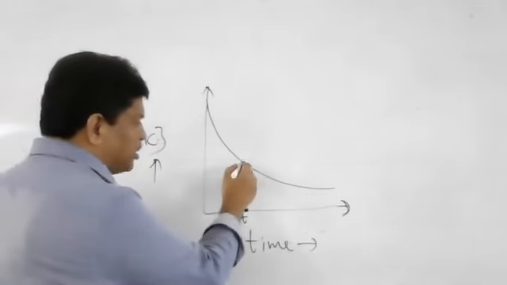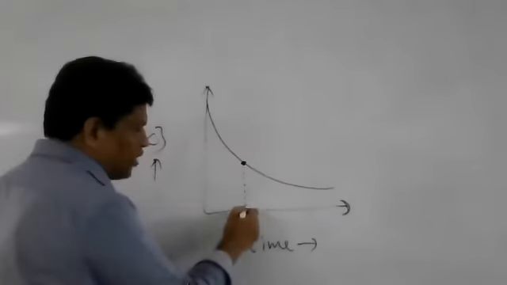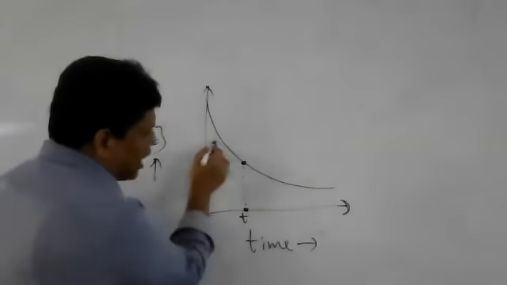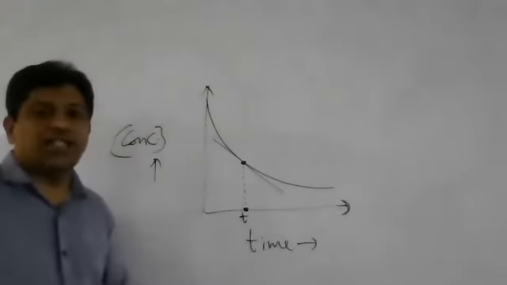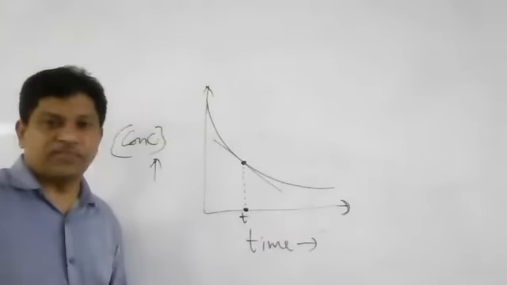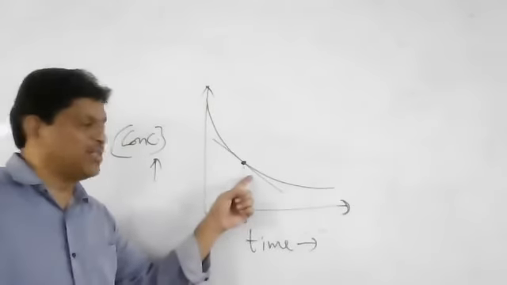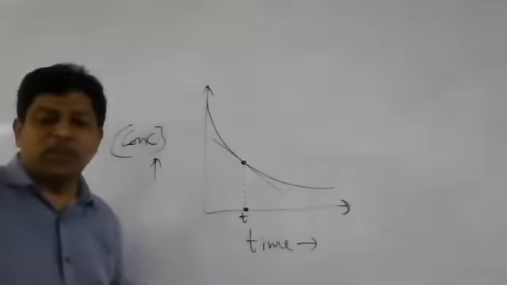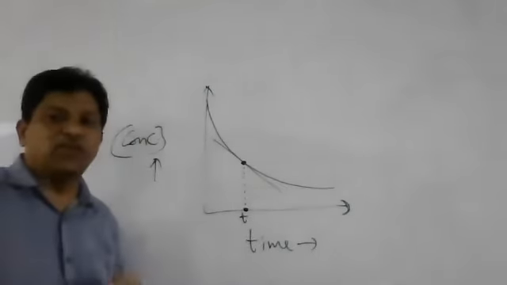At this point of time, where we need the change in concentration of reactant, we have to draw one tangent along that point. Is that clear? Does this tangent have a negative slope or positive slope? A negative slope is there.